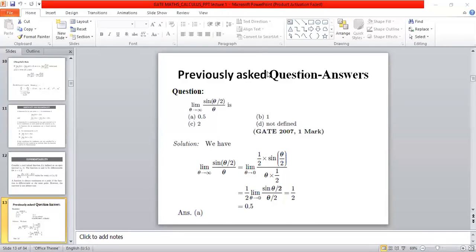So the limit is 1 and outside is 1 by 2. Your answer is 1 by 2 or 0.5. Any doubt you can ask me by putting yourself on unmute. Okay, we'll go to the next question.